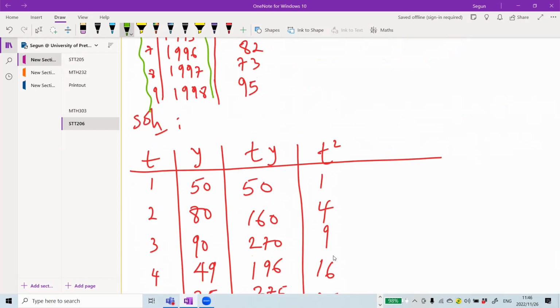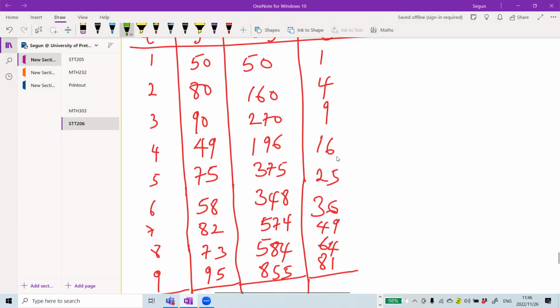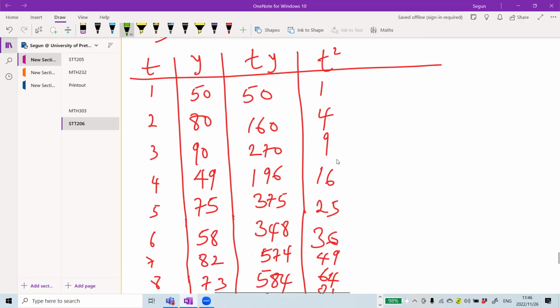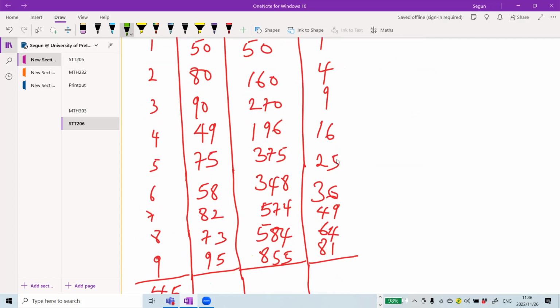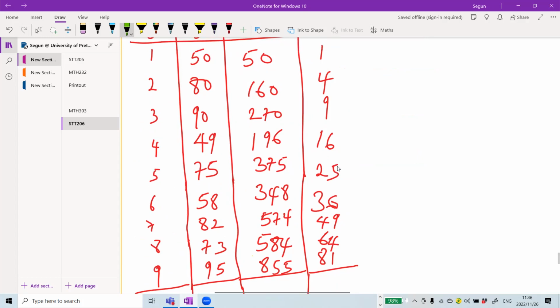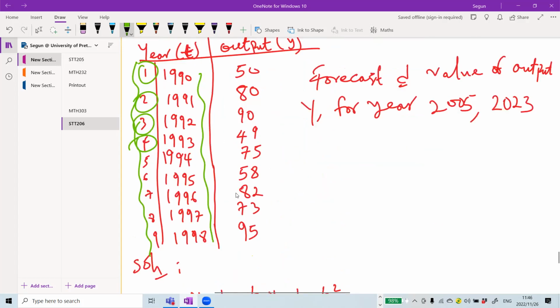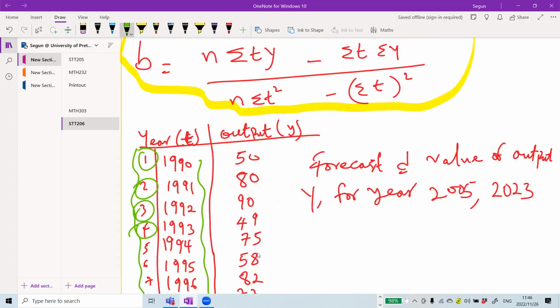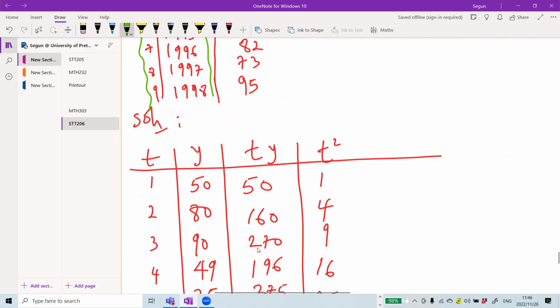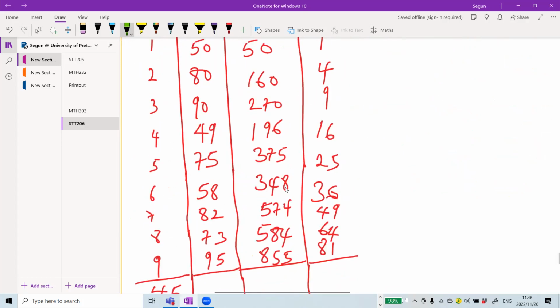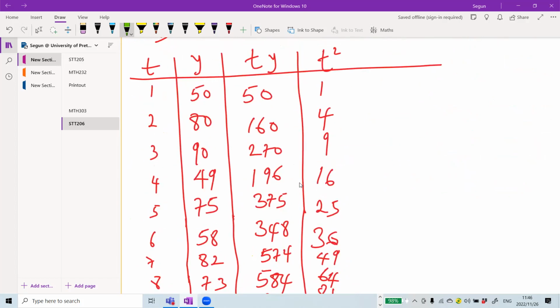Then we know our Y. The formula says TY, and the formula also gives us T squared. So that is what we are doing. Any question? Yes, sir. I understand the T now, sir. But how do we get the Y? Y is given from the question. This is output. You are given the T. You are given the Y. So what is the answer for summation Y?